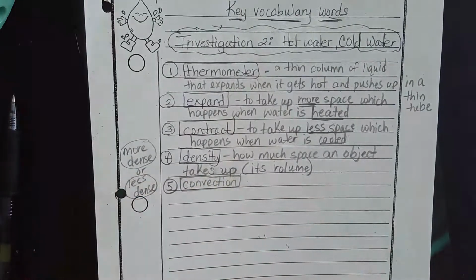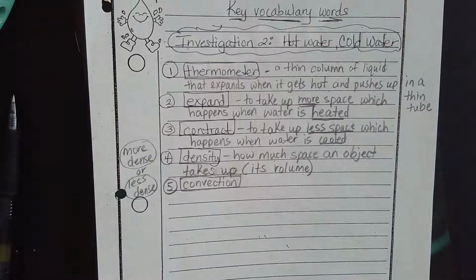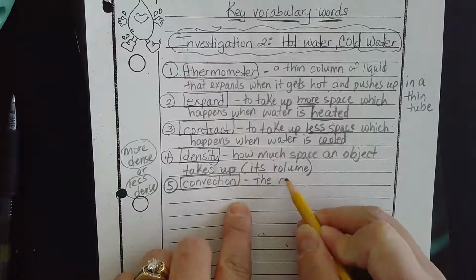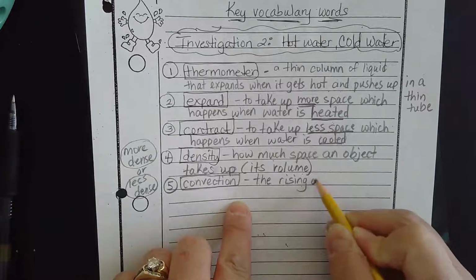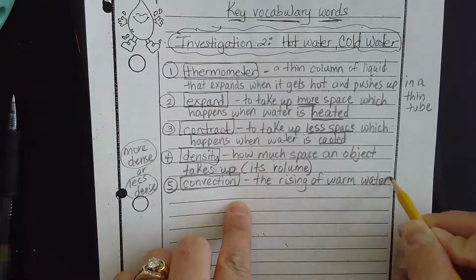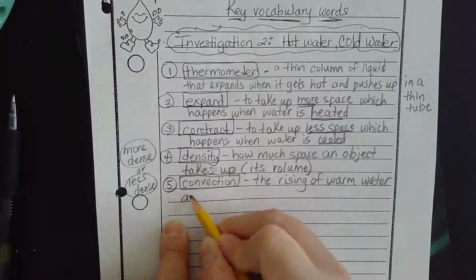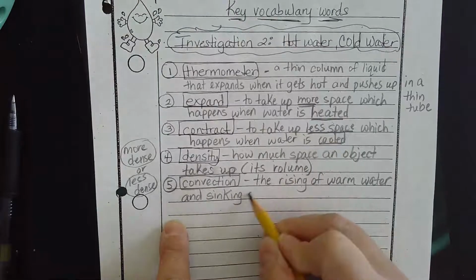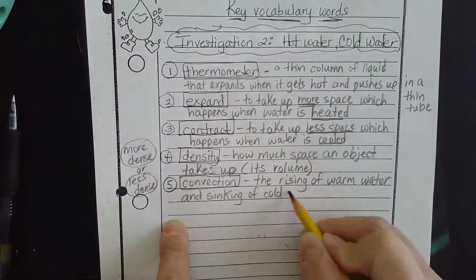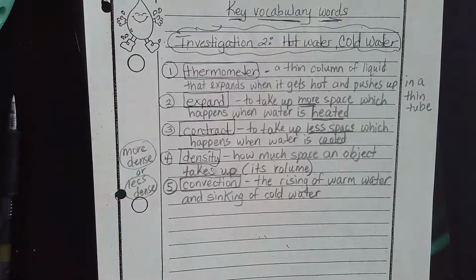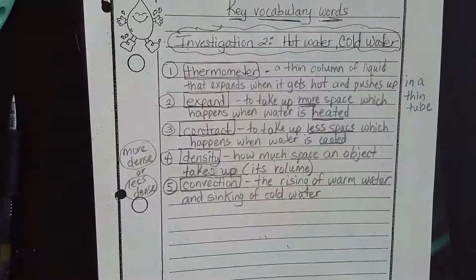And convection is the rising of warm water and sinking of cold water. We're going to be doing some experiments where you're going to see the water rise and then the sinking of the cold water.